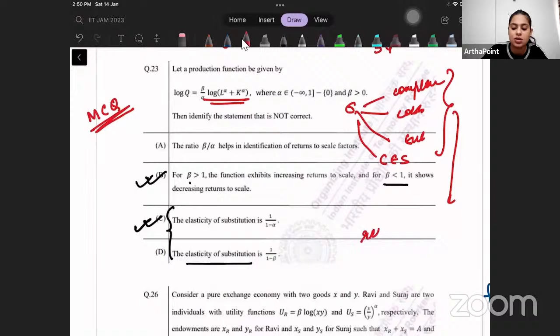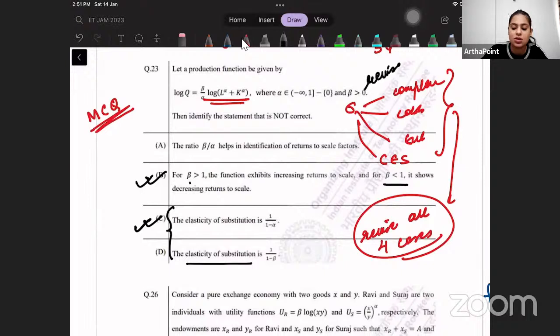I want you to revise all these concepts, all 4 cases, right? And we saw how different values of elasticity of substitution can give us different kinds of production functions. So again, today's work is the revision of this, right?